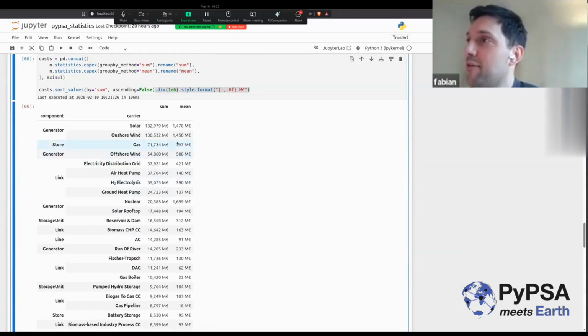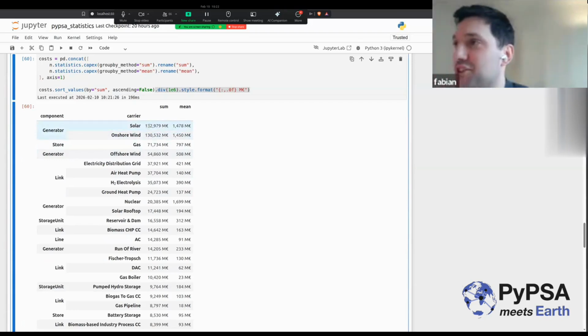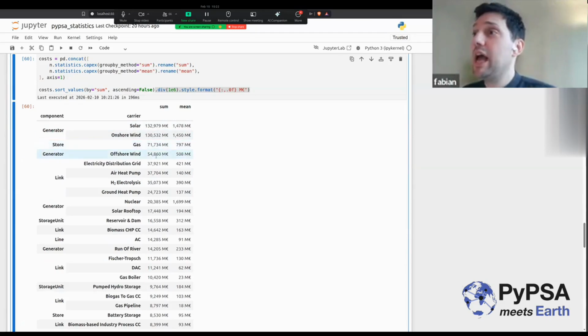We could probably derive it and just divide here. For all the 90 buses, we invest 1.5 million euros in solar, and the same for wind. Then we have some significant gas store investments, and so on and so forth. So this gives you a good first overview of how the cost investments are actually taking place in the system.